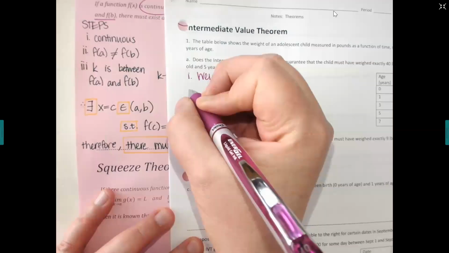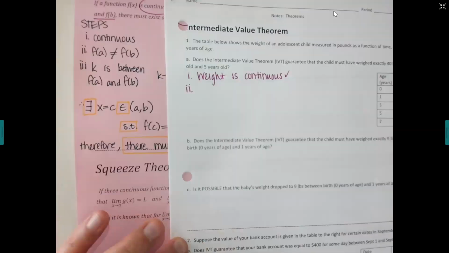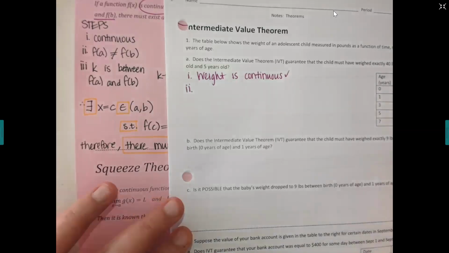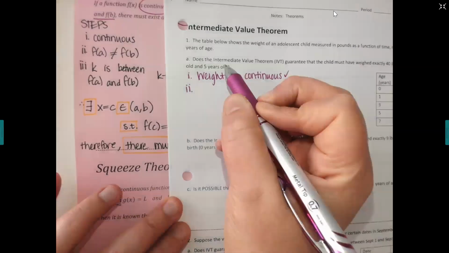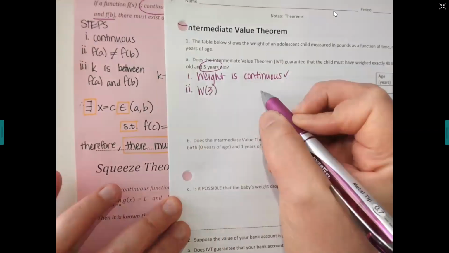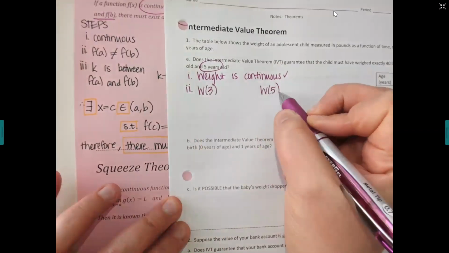Step number 2 is that I'm going to find the starting Y value and the ending Y value and make sure that they're not the same. Now, for our timeline here, we're working with 3 years old to 5 years old. So let's do the weight at 3 and then the weight at 5.